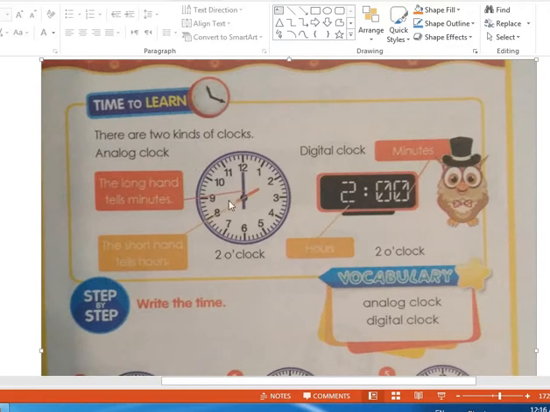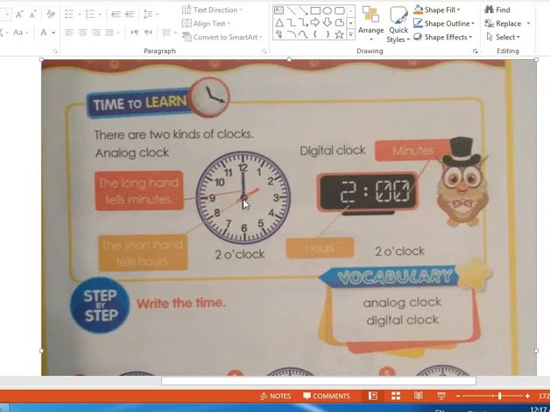We have here two kinds of clocks. The first one is called analog clock, and the second one is called digital clock. Here the first one, I have two hands in the clock, a long one and a short hand. The long hand tells me the minutes, and the short hand tells me the hours.